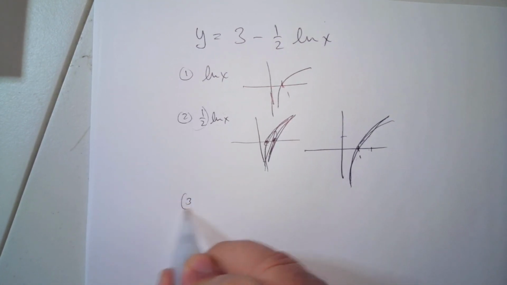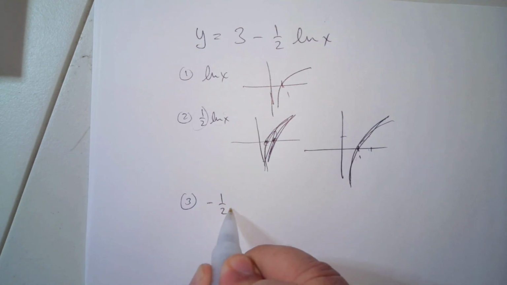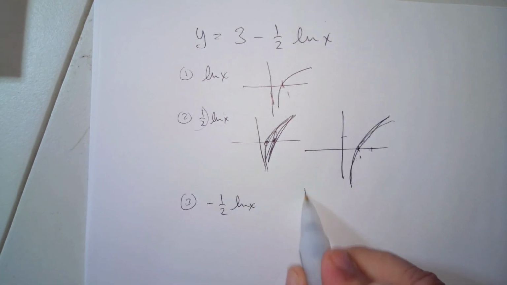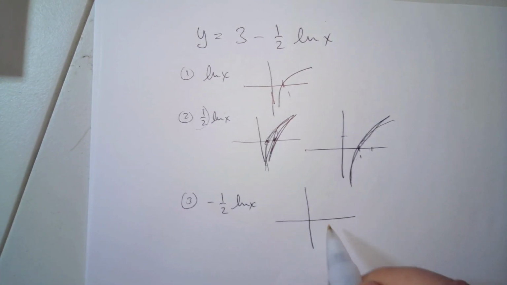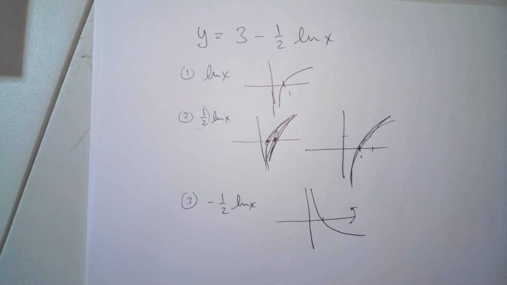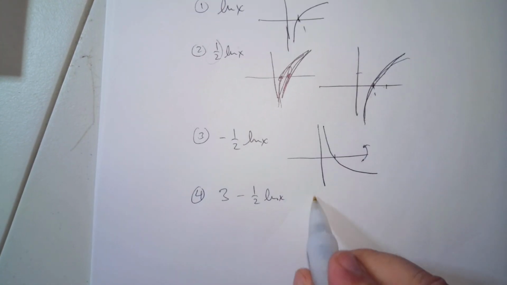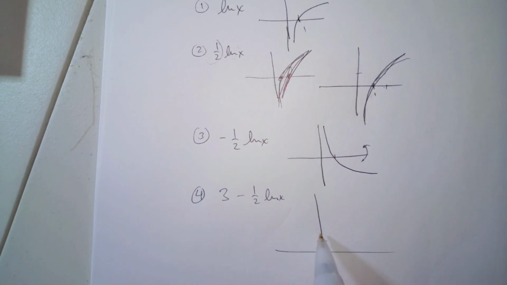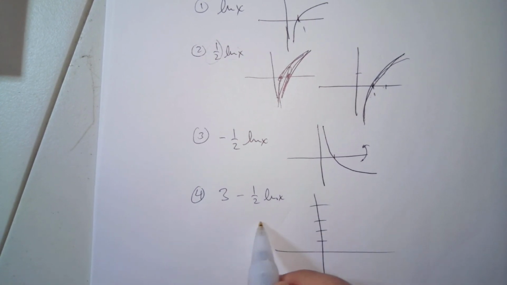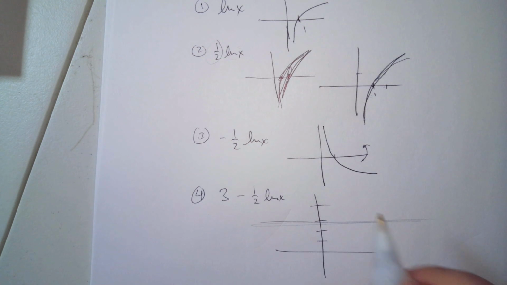The negative in front changes its direction. It's now going to go like this. It flips across the y-axis. And the 3 in front is a vertical shift. 1, 2, 3. So here's your new horizontal line.